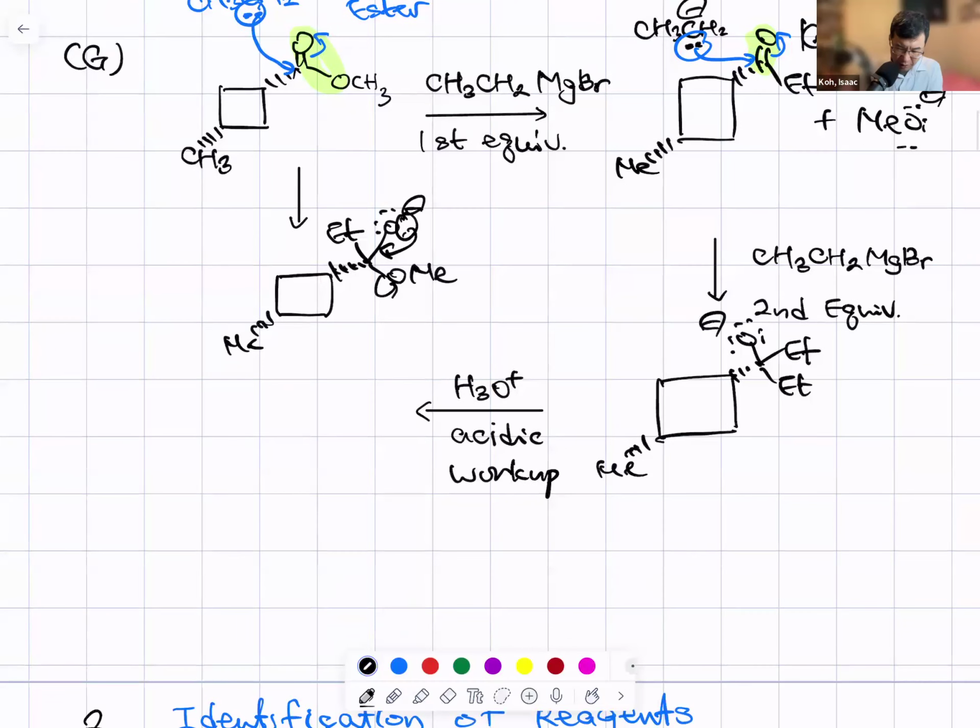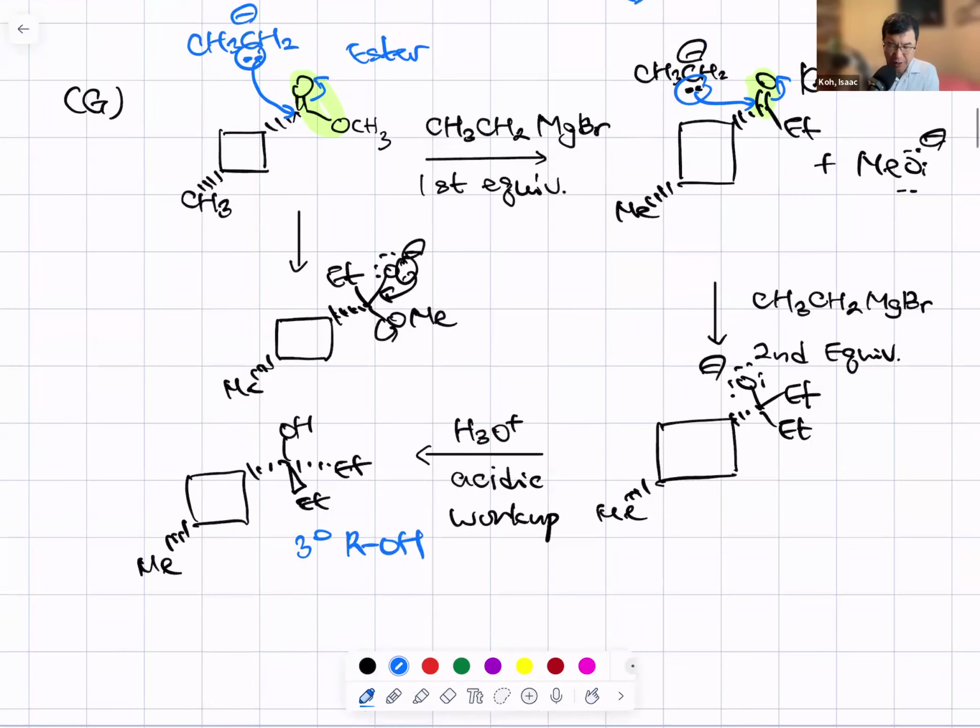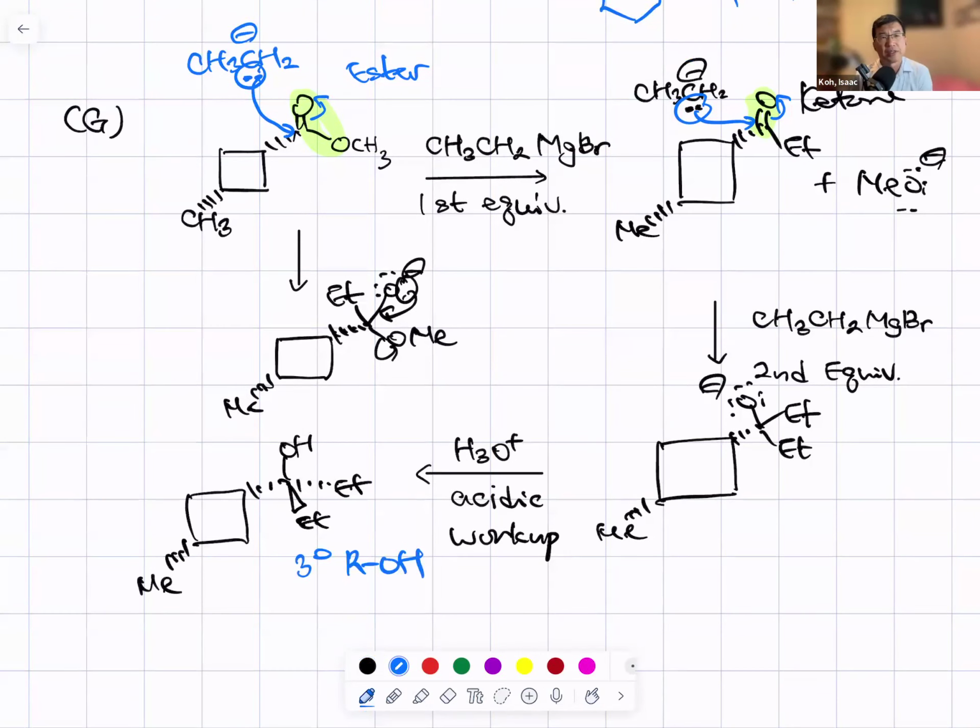Finally, acidic workup, it will be making a tertiary alcohol. So here, alcohol, and we have two ethyl groups right there, and the methyl group, and it becomes a tertiary alcohol. Please note that when we treat this ester with Grignard reagent, it is reacting twice. Two equivalents are reacting, and it is making it all the way to tertiary alcohol.